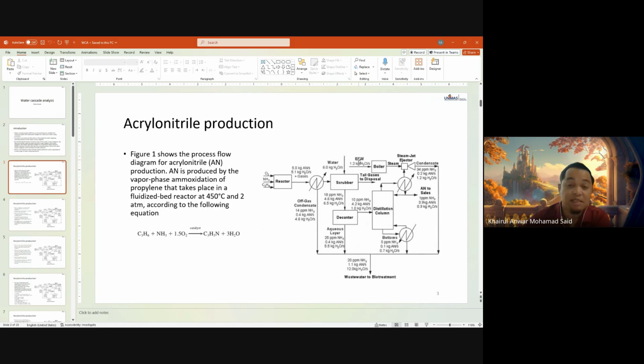So to maximize the water reuse in this case, we should set the limiting chloride concentration.